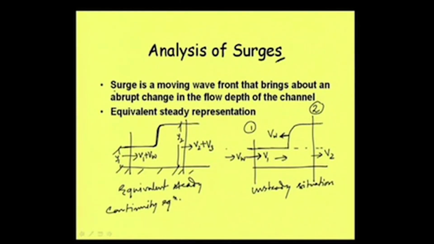So, again considering unit width of the channel, y1 into v1 plus vw is equal to y2 into v2 plus vw.